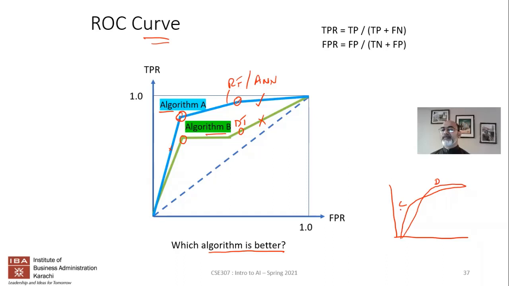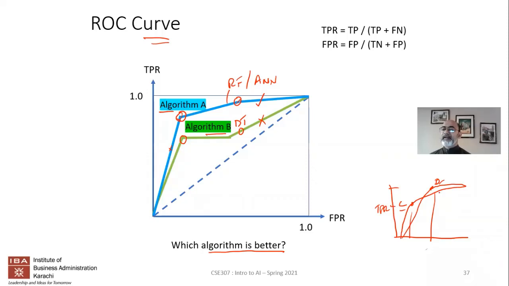It's not quite obvious whether C is superior or D is superior, because there are some points over here where there's a trade-off between these two. If you compare the TPR over here, this one is superior in TPR, but in terms of FPR, it also has a higher FPR.